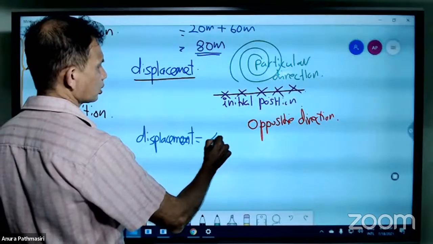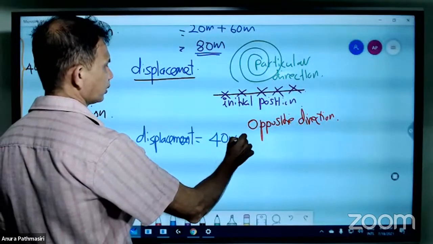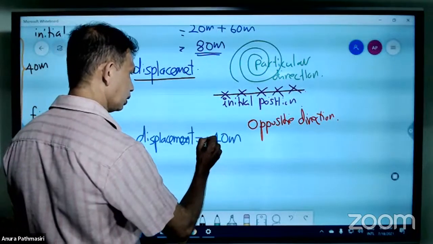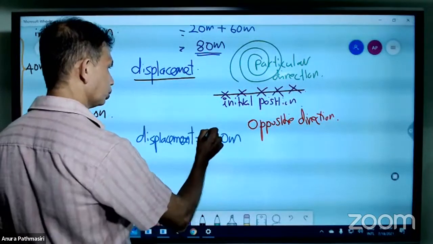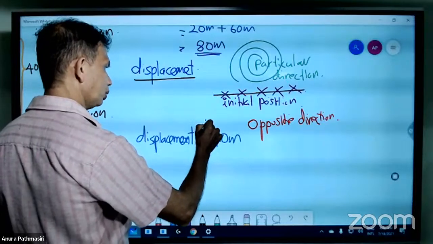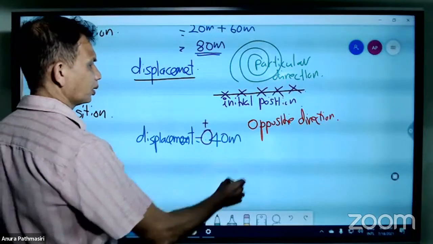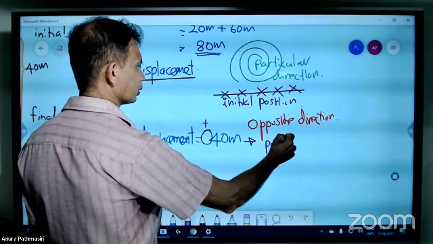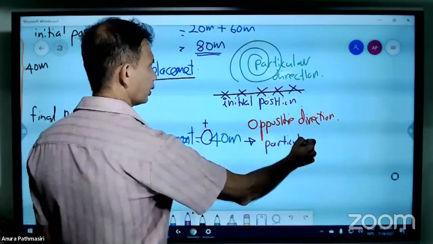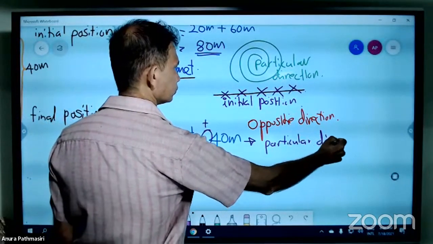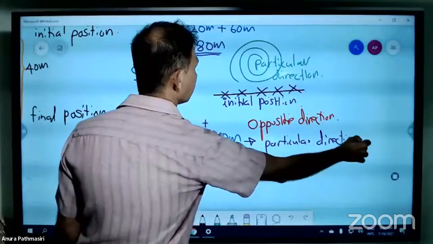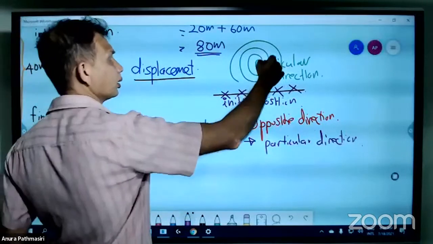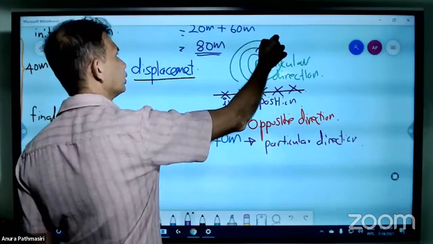It's not just only 40 meters. If you say just 40 meters, even though you don't mention it, the positive value will show the particular direction, and this shows that the object is still somewhere over here.